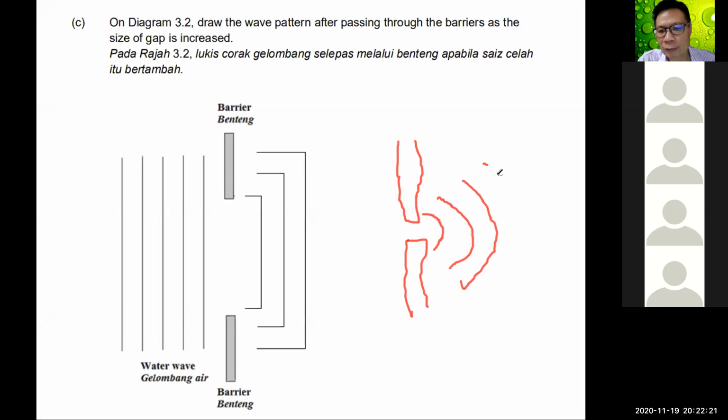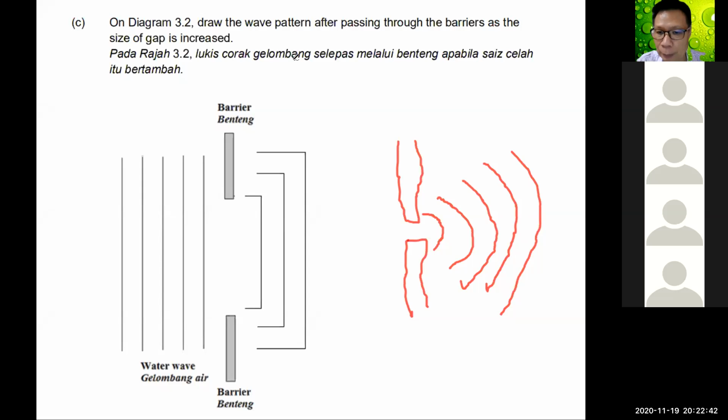Like that. Okay. This one diffraction is obvious. When the gap is small, diffraction is obvious, curve shape. This one the gap is big, diffraction is not obvious. It's always like that. Please jot down, everyone.